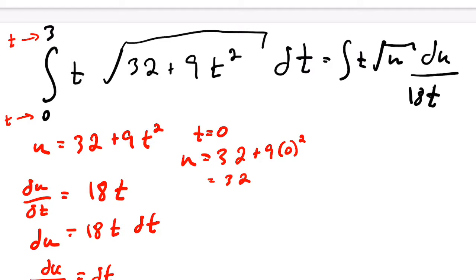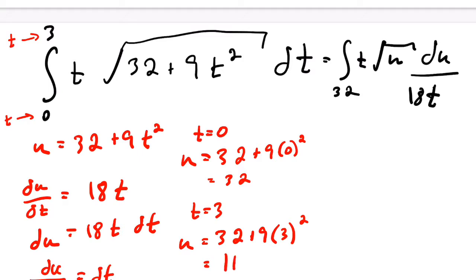So the bottom boundary of our integral is 32. Our upper boundary was t equals 3. Let's plug t equals 3 into the u formula. That would be 32 plus 9 times 3 squared. 3 squared is 9. 9 times 9 is 81. 32 plus 81 is 113. So our upper boundary here is 113.